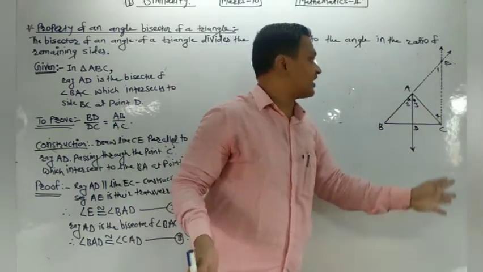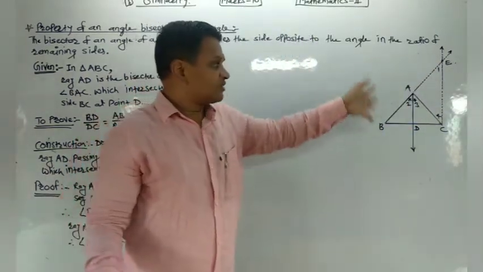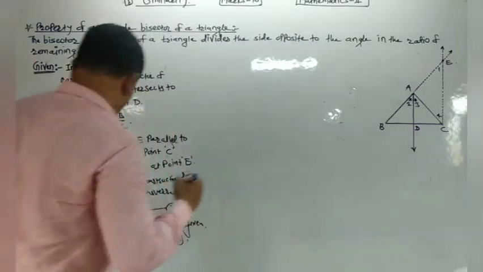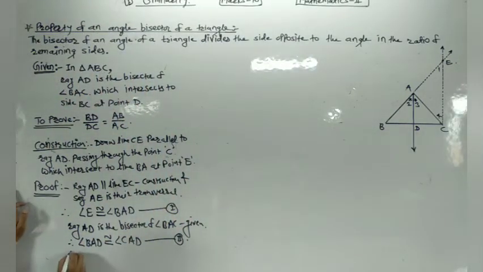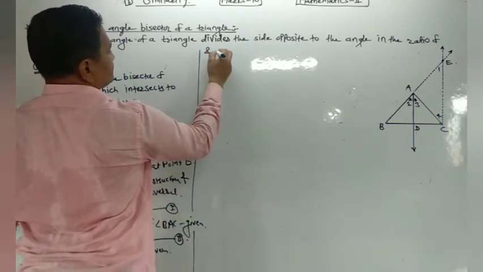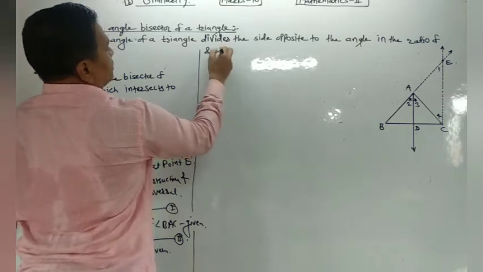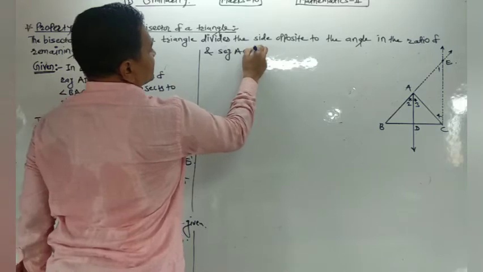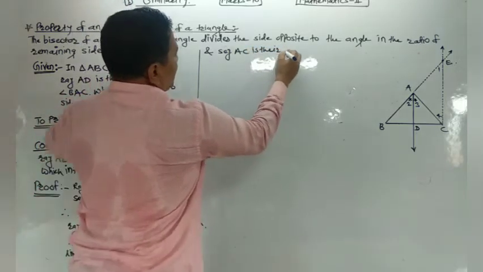Line AD is parallel to line EC, given here, and secant AC is the transversal.